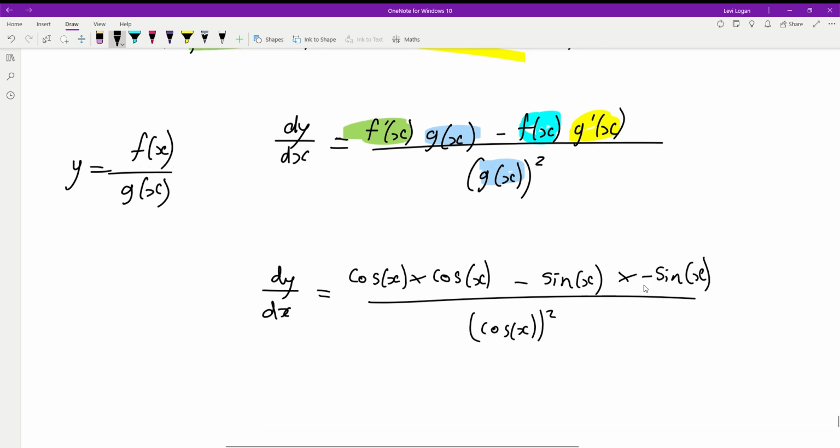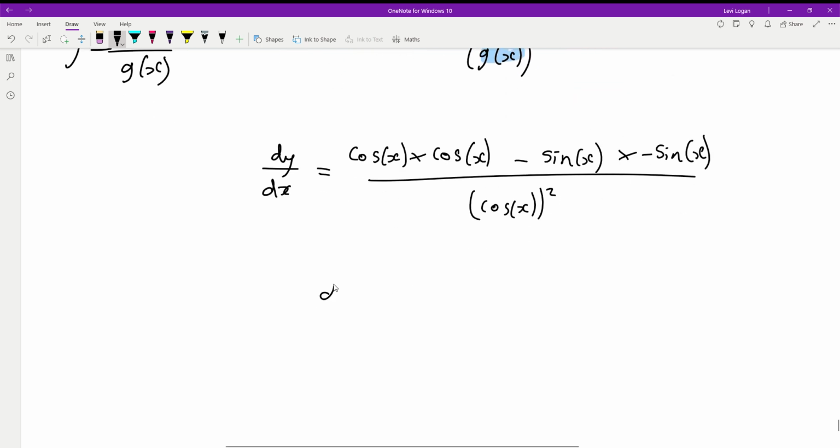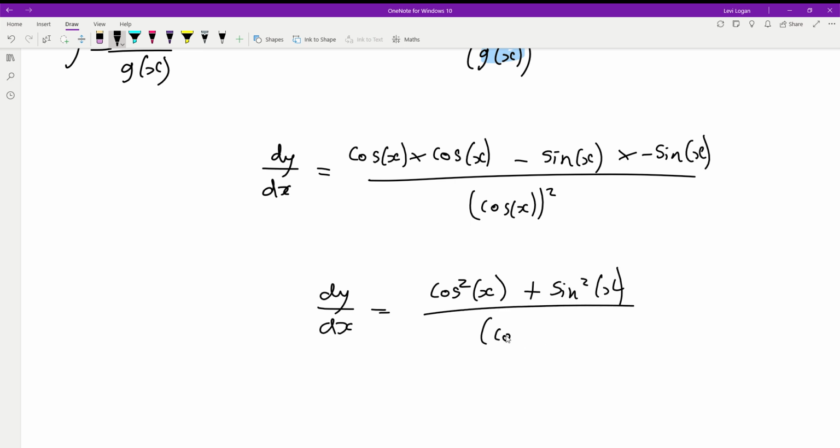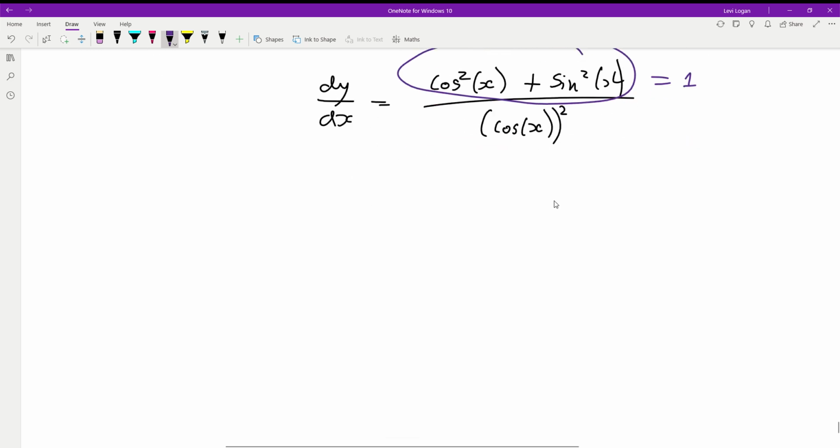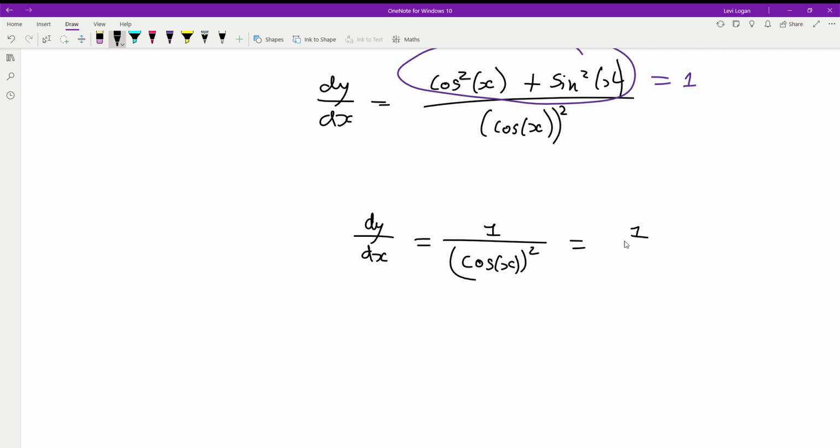This front bit here, negative times negative is positive, so what I'm going to get is cos squared x plus sin squared x, all on cos x all squared. This is Pythagoras' identity, which is equal to 1, so I can replace that with 1. So I get dy/dx is equal to 1 on cos x all squared, which is the same as 1 on cos squared x, which is sec squared x.